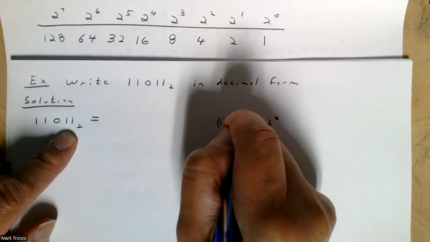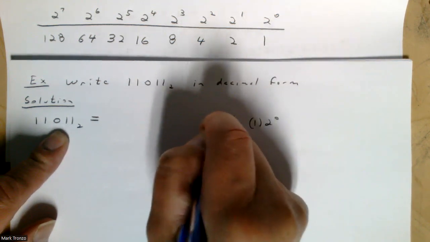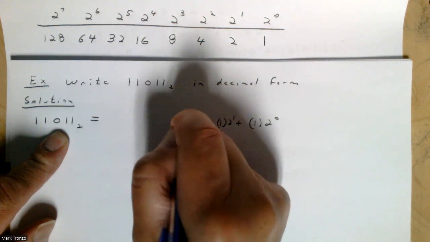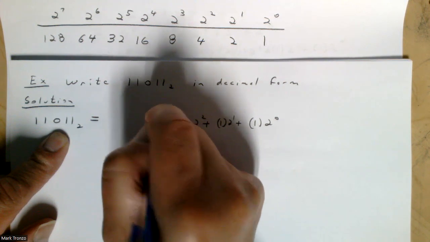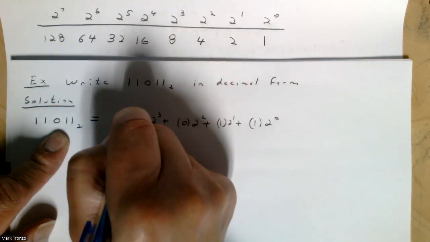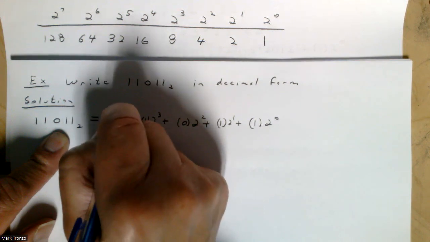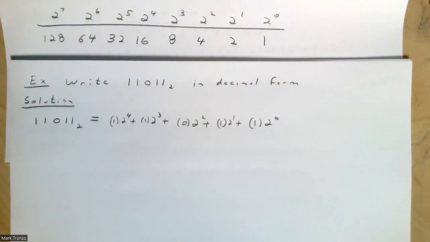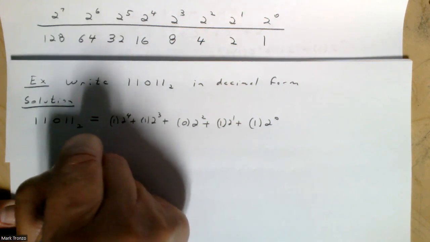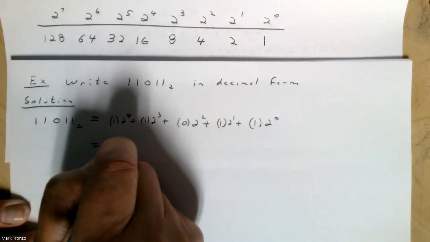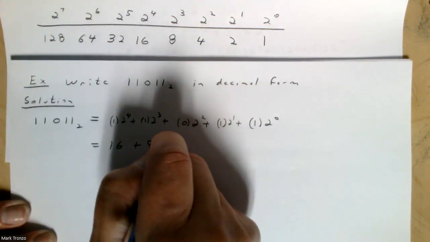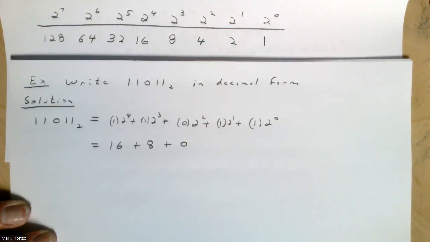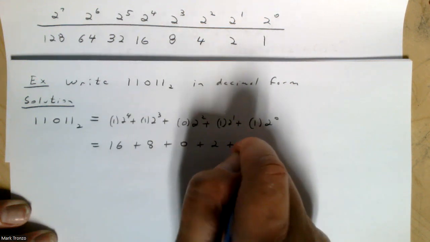Next one is 2 to the first. And 2 squared. 2 cubed. 2 to the fourth power. That's going to be 16 plus 8 plus 0 plus 2 plus 1.